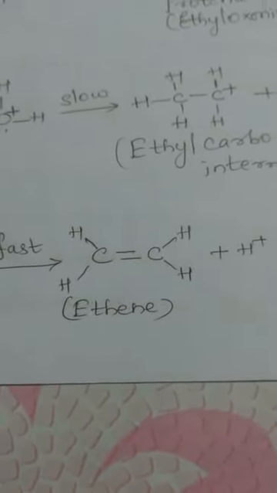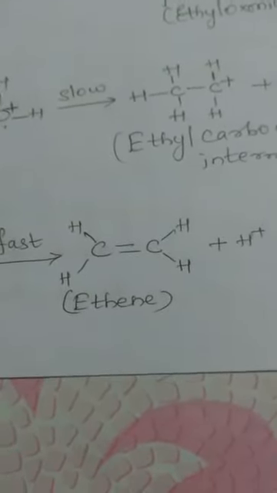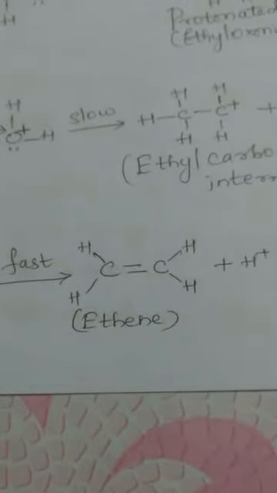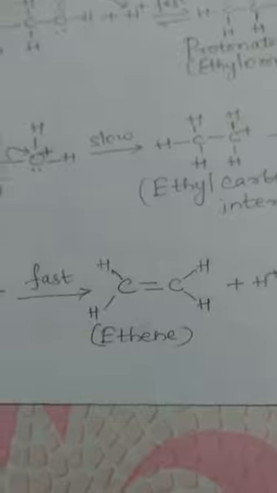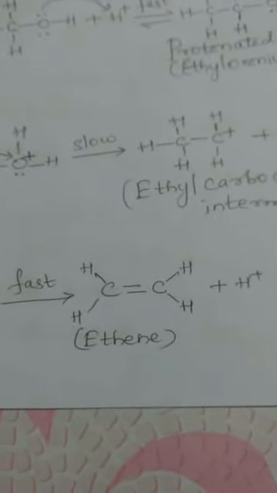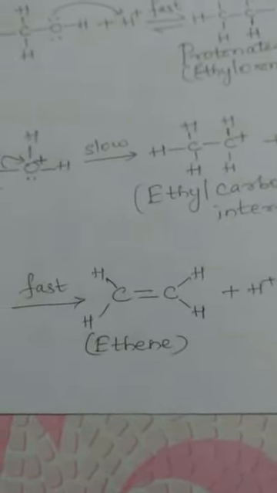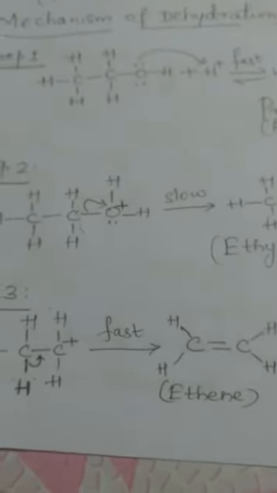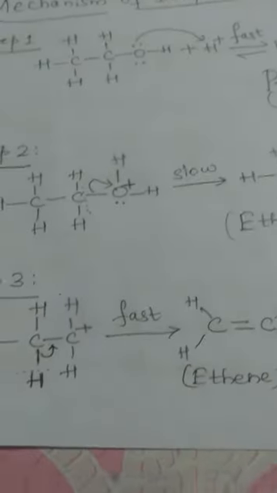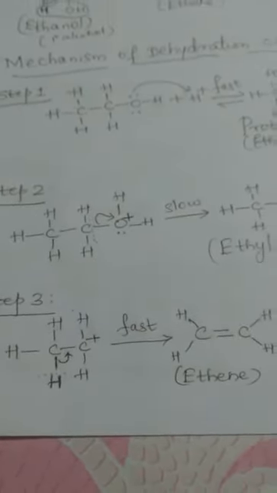Now if you look there, the proton which is liberated, H+, can be once again utilized in the first step there for protonation until all the alcohol molecules are converted into alkene, that is ethanol is converted into ethene. So these are the 3 steps involved in the mechanism of acidic dehydration of ethanol.